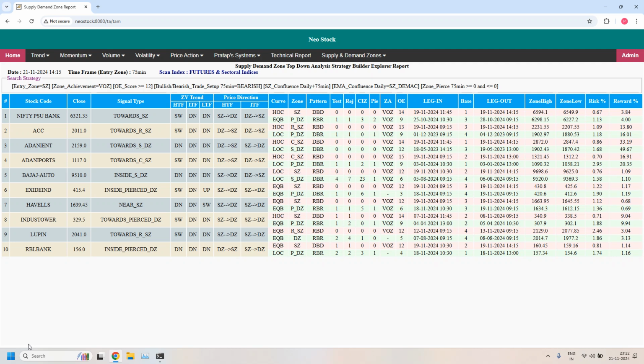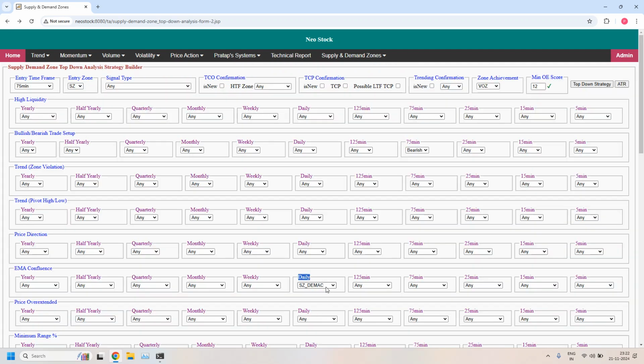Okay, now let's verify LTF, ITF, HTF based supply zone confluence based stocks. I'm removing the filter.